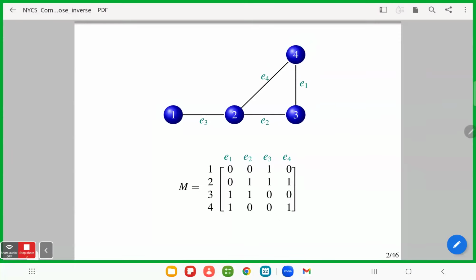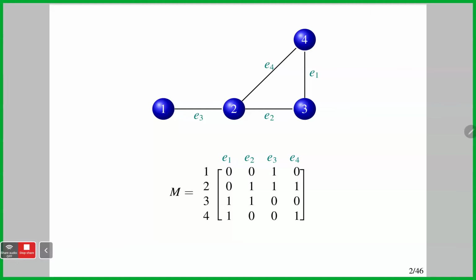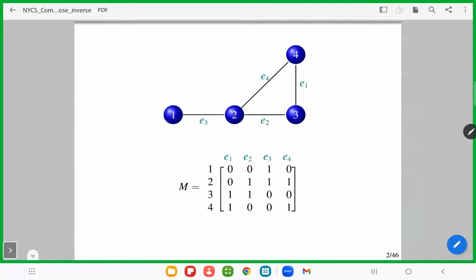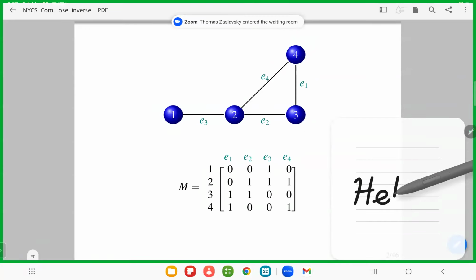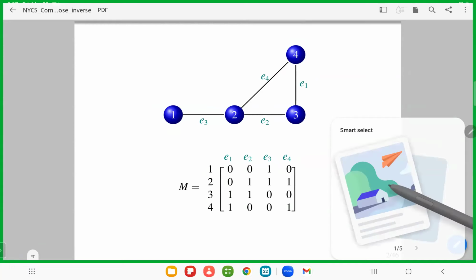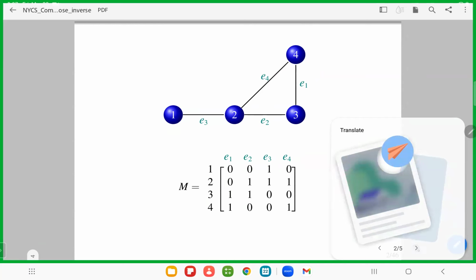Let me see if I can do this. Huh. I should have used this before. What's happening?